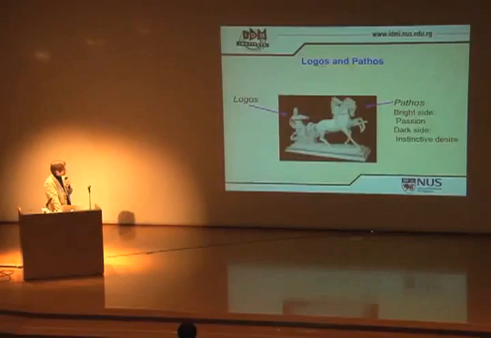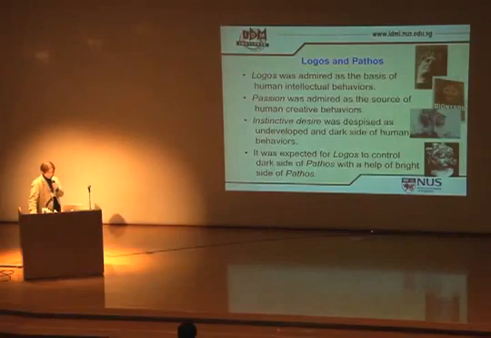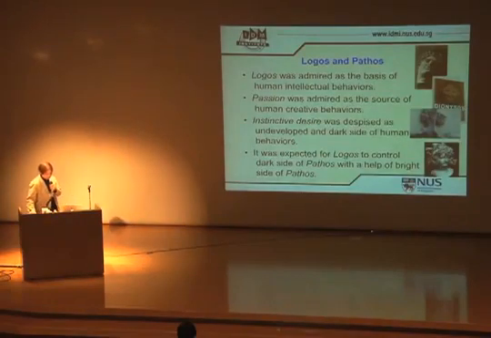According to Plato, pathos has both a positive side and a negative side. And logos, the intellectual part of the human, is the most important, is what Plato is saying. The pathos part is divided into 2 parts, the positive and the negative.